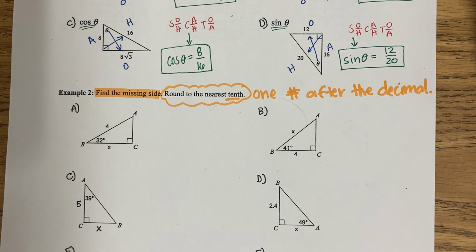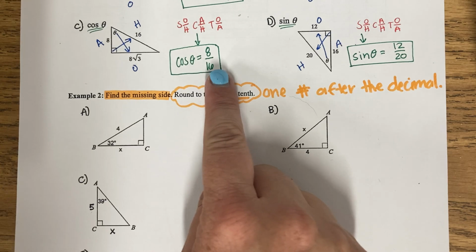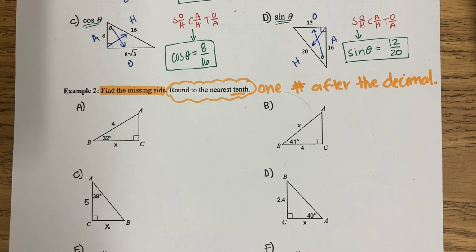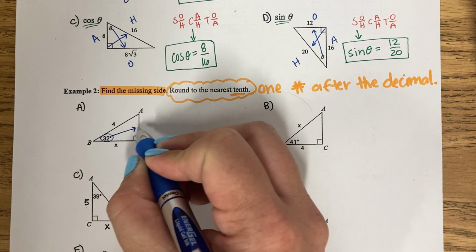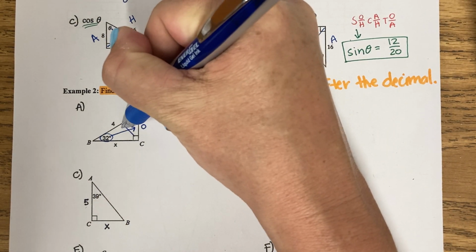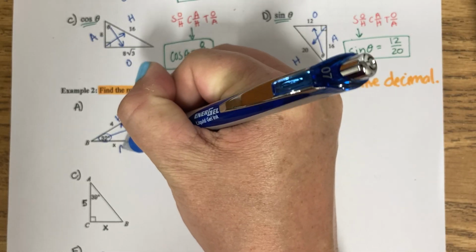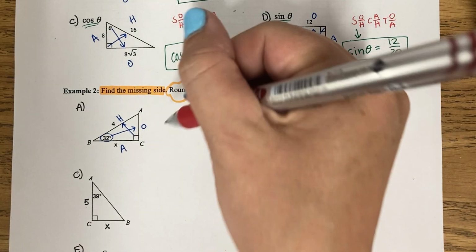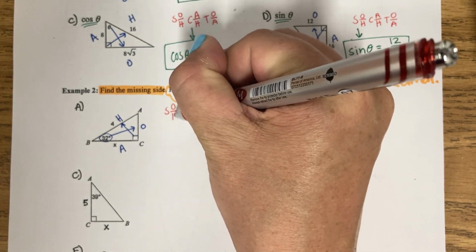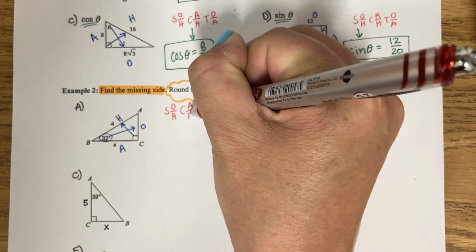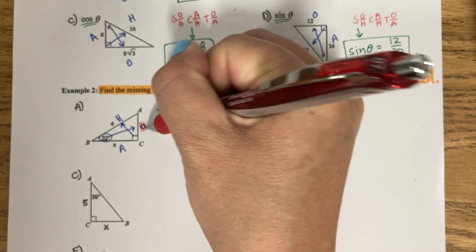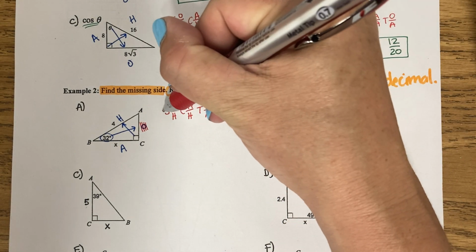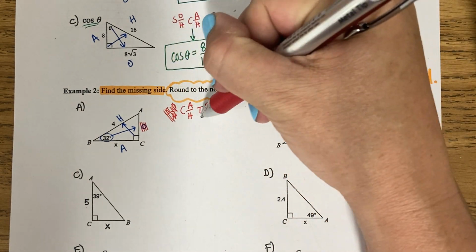So first step, I am going to try and set up an equation with a trig ratio. So I'm going to label, here's my angle, I'm going to label the opposite, the hypotenuse, and the adjacent. Now based off of that, SOH CAH TOA, I do not have an O. So I'm going to get rid of anything with an O in it.